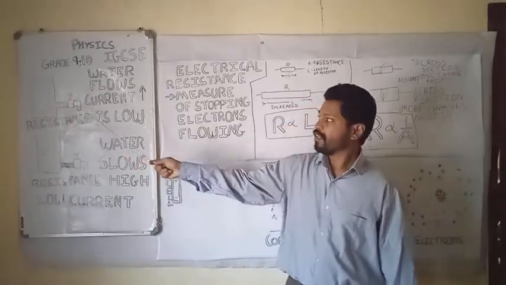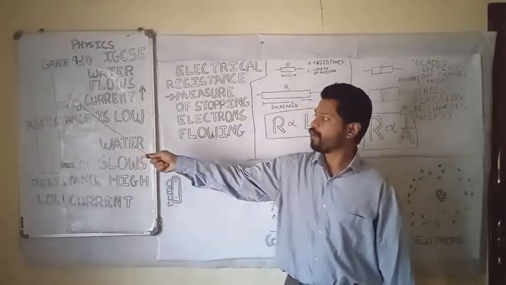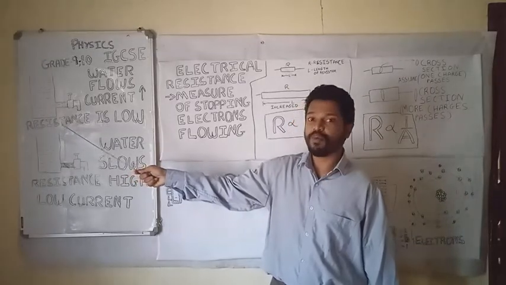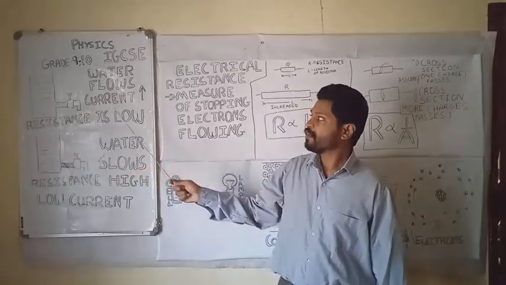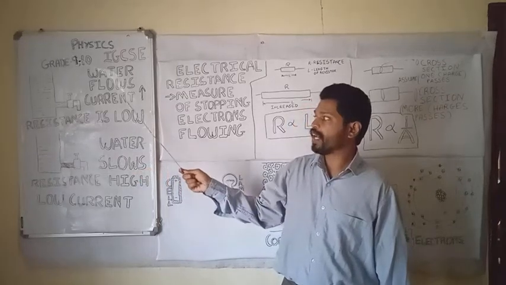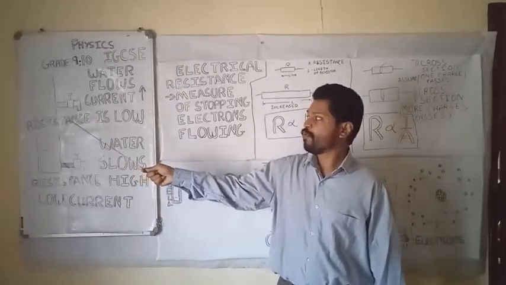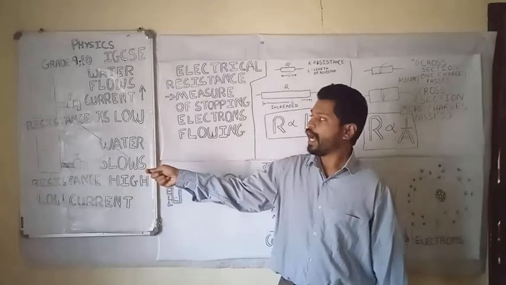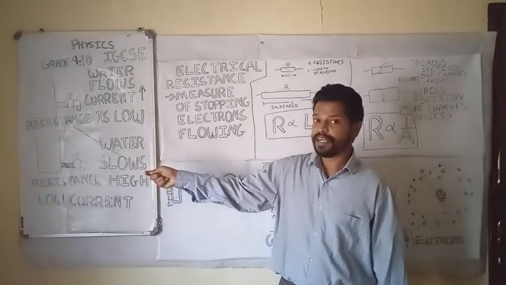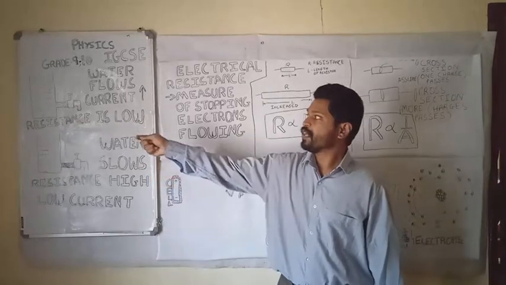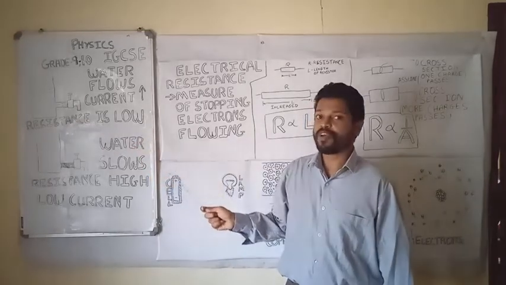The water resistance is minimal out here, so we can compare that with the resistance of a wire. So the higher the water flow, the higher the current, and on both sides the water resistance will be low, and the resistance inside will also be low. So this we can give as an analogy.